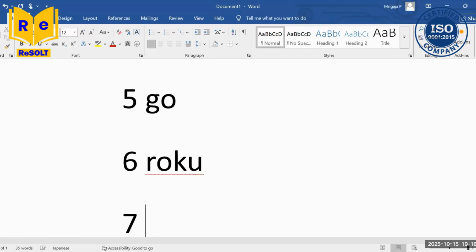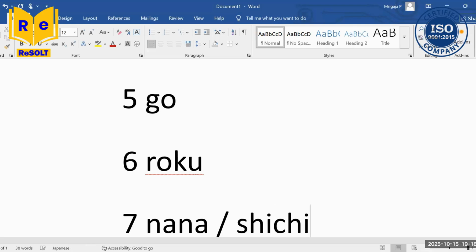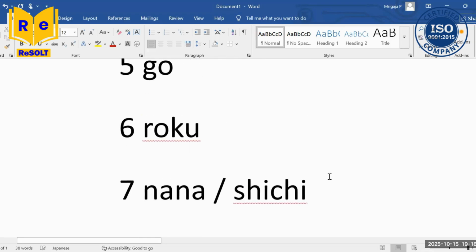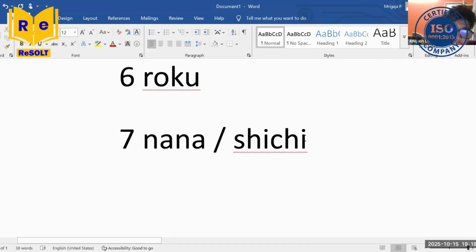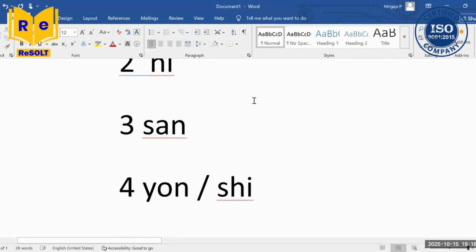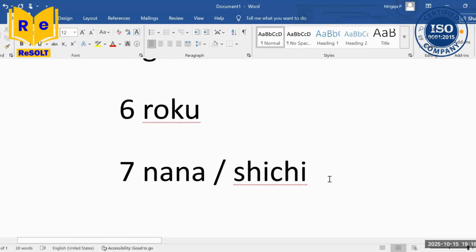Now 7 has 2 words. It is either "nana" or "shichi." Yes, very good, correct. "Shichi" is also for 4? No, for 4 it is only "shi," and for 7 it is "shichi."